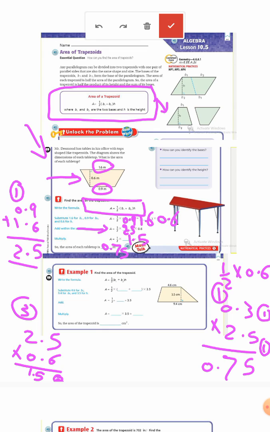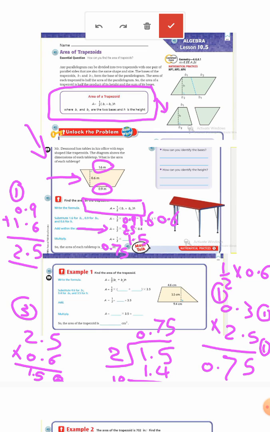Half of 1.5 means 1.5 divided by 2. 15 divided by 2 is 7, put the decimal point, 7 times 2 is 14, 15 minus 14 gives me 1, then put 0, 10 divided by 2 is 5. So it gives me the same answer. That's why I told you we have to make it easy for ourselves. We can find the answer in more than one way.